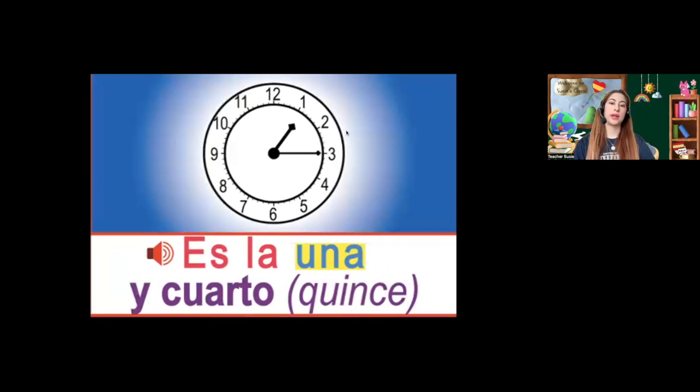We are saying it's 1:15, right? You know, in an hour there are 4 quarters. Or you can just say es la 1:15. Whatever you prefer. Y cuarto sounds better, but it's more difficult to remember, I think. So you can just say es la 1:15. Okay, let's try again. ¿Qué hora es? Es la 1:15. Your turn.